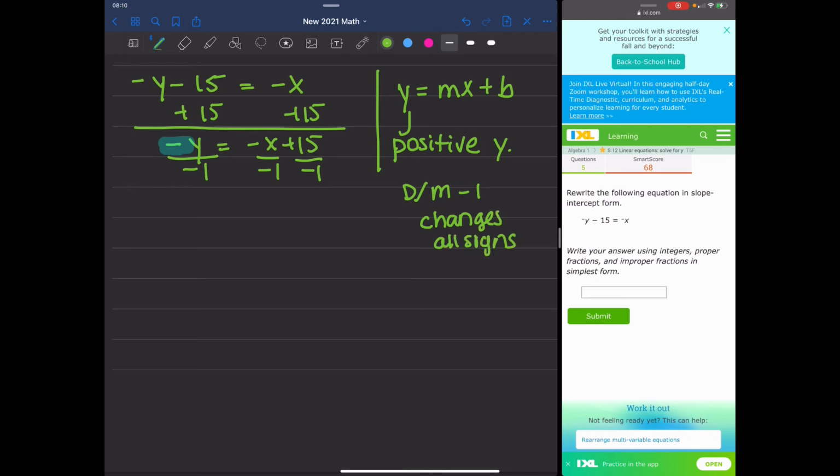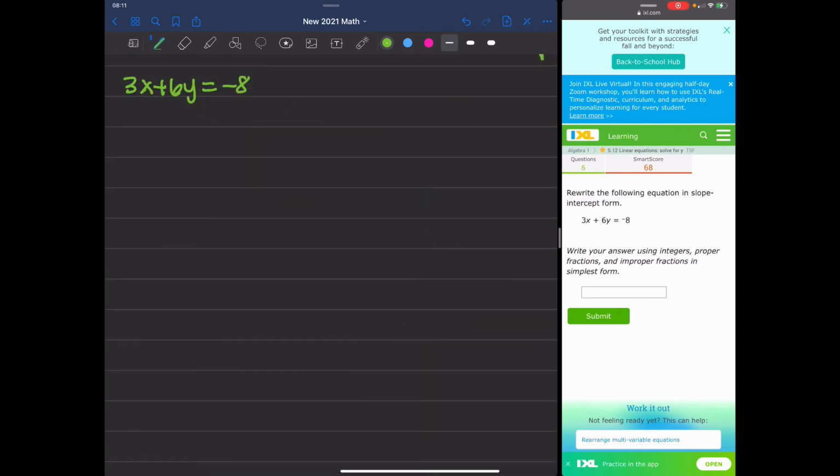So now I have y equals a negative divided by a negative equals a positive. So we're going to have positive x. And then a positive divided by a negative equals a negative. And then I have -15. And that's my solution.